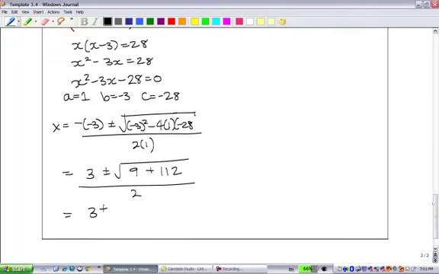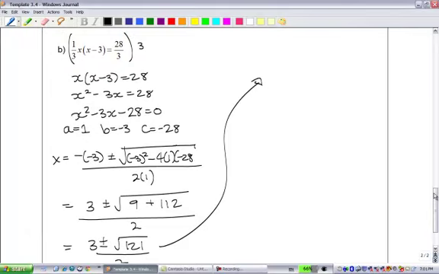And that's 9 plus 112 is root 121 over 2. So again, that works out to be a fairly nice perfect square. So we get x equals 3 plus or minus root of 121 is 11 over 2.